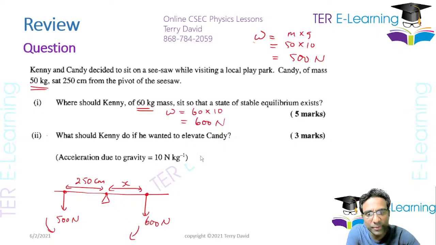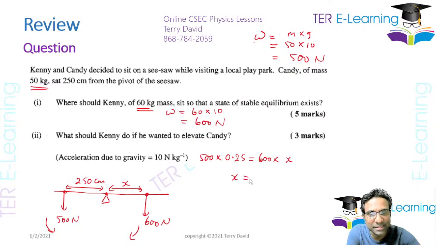So we're going to say 500 multiplied by 250 centimeters. Now, when we work in moments, we tend to work in meters, right? So this is 0.25 meters, which is equal to 600 multiplied by x, which we don't know.